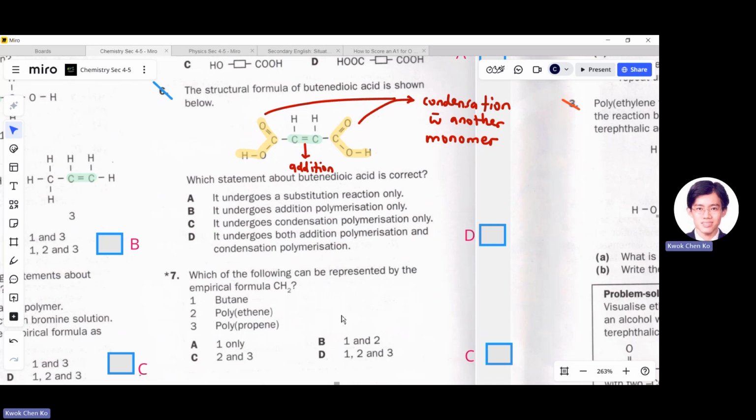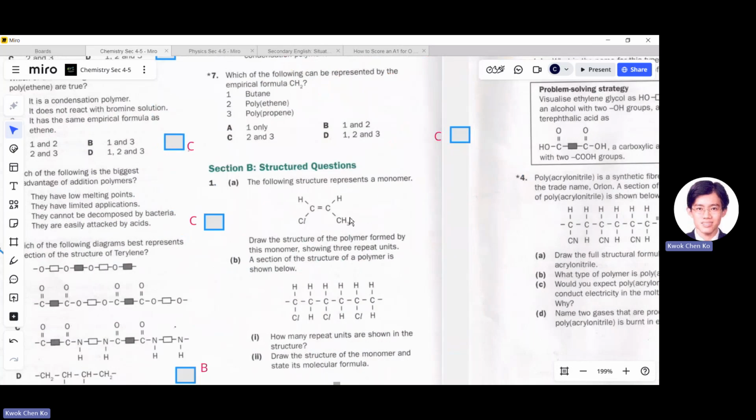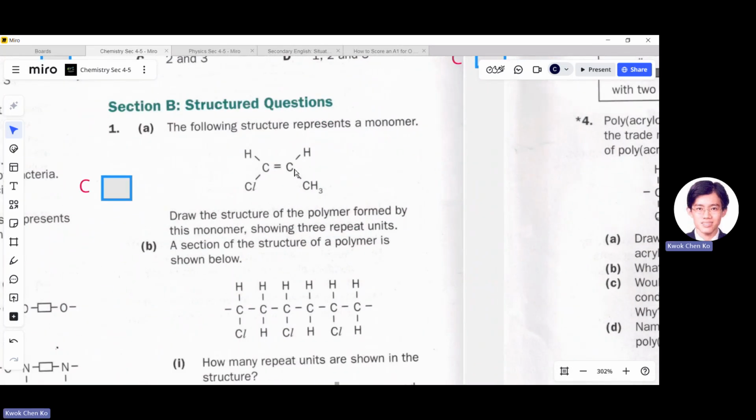Okay, if there's any question to voice out, let's go to this one. Draw the structure of the polymer, showing 3 repeat units, guys. I want you to be very specific. They ask for 3. Make sure you draw 3. Okay, let me quickly check your drawings. Oh, you didn't draw?